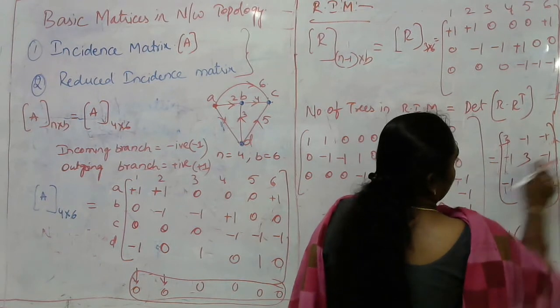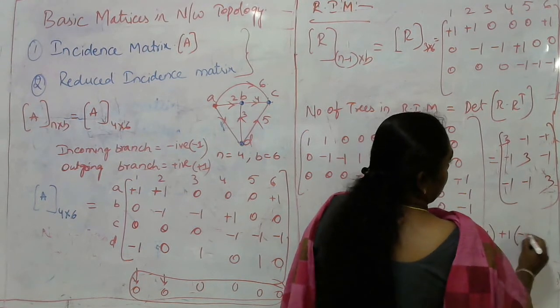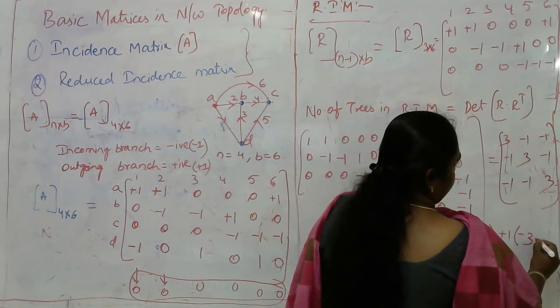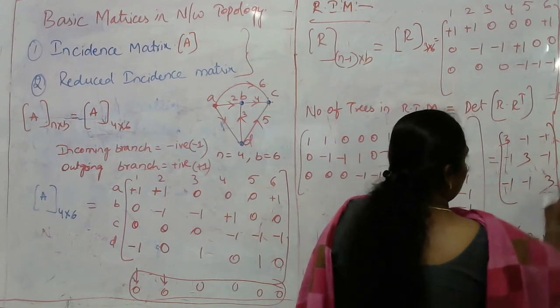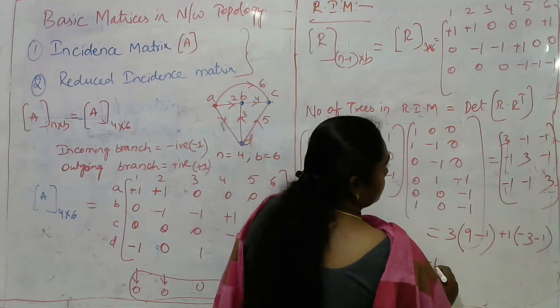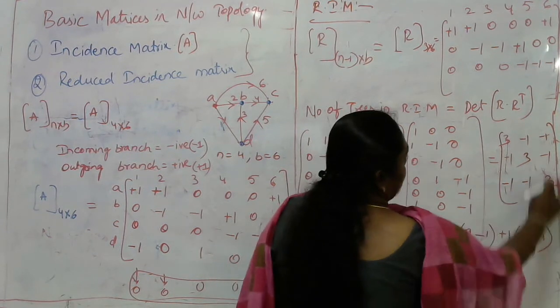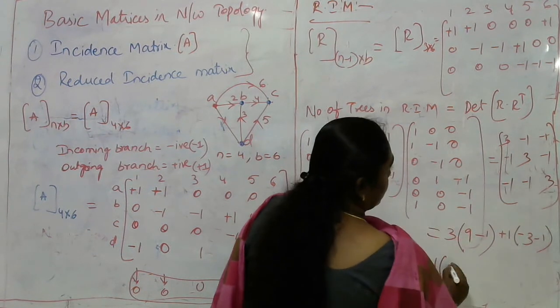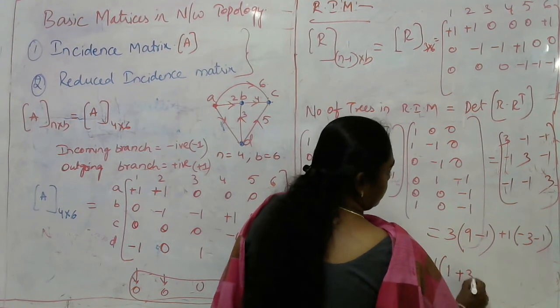If you eliminate this, minus 1 into 3 is minus 3. This is minus 1. Similarly, for the last one, minus 1 into eliminating this complete part, we will be getting 1 plus of 3.